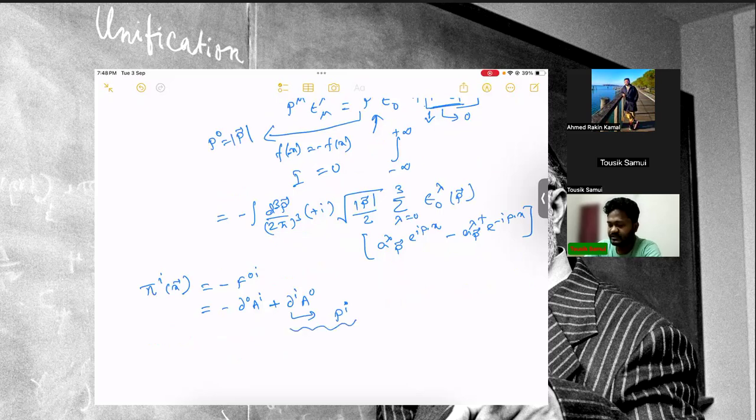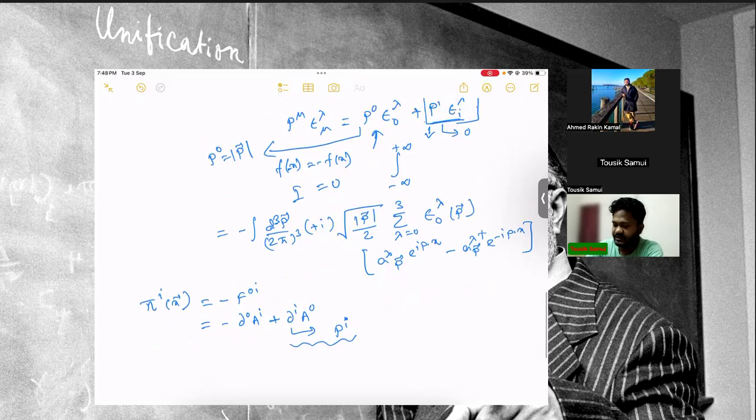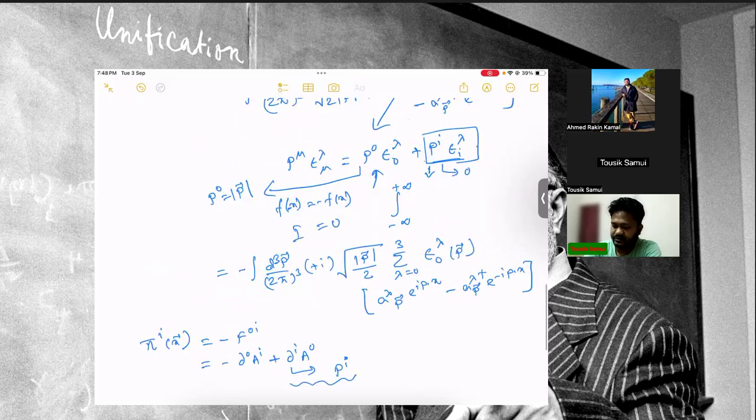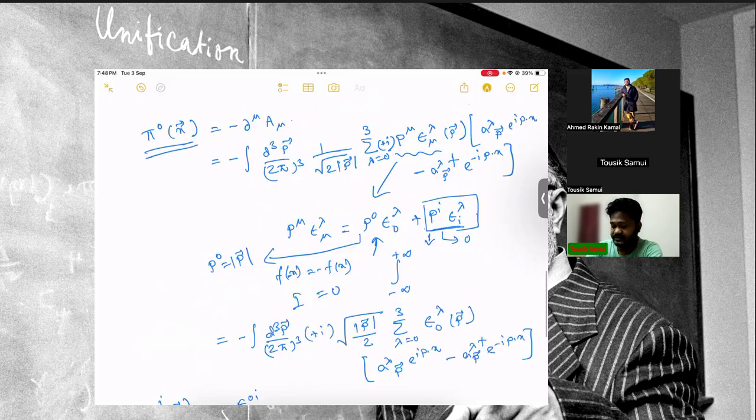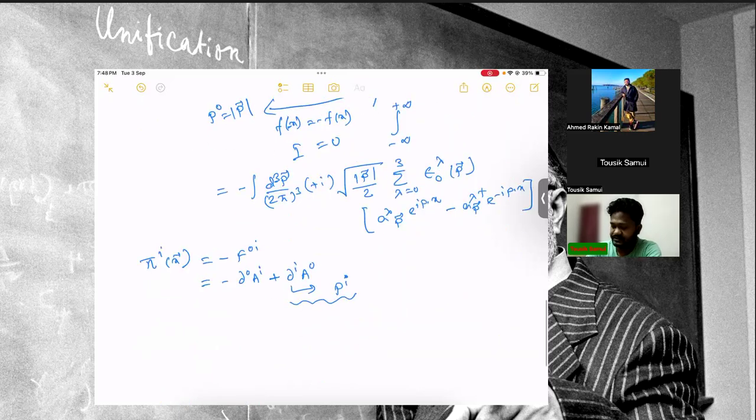If we calculate, it will be similar to the pi 0 x, except that the index now will be i instead of 0.